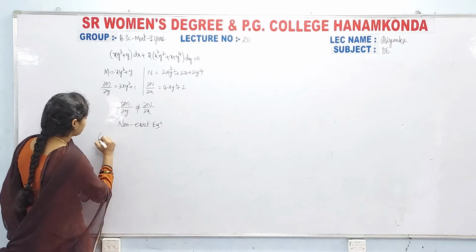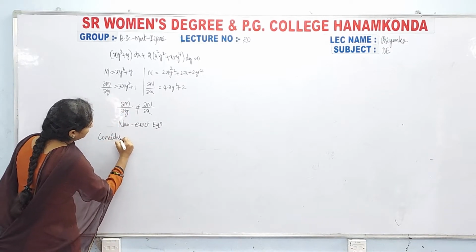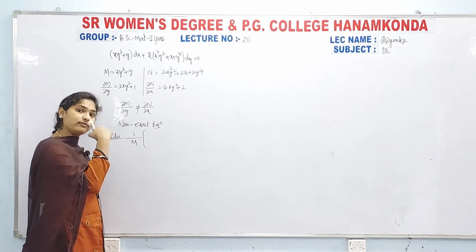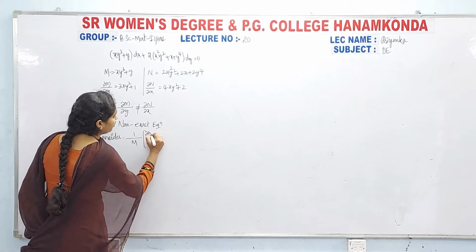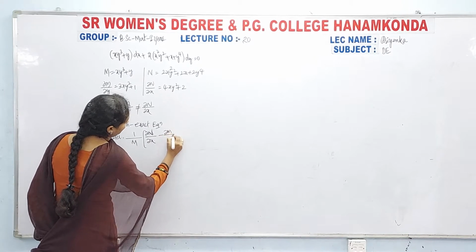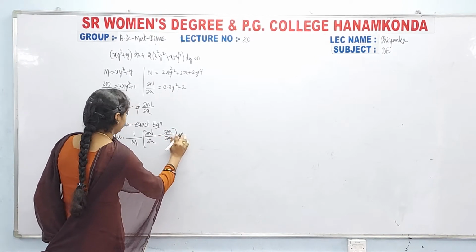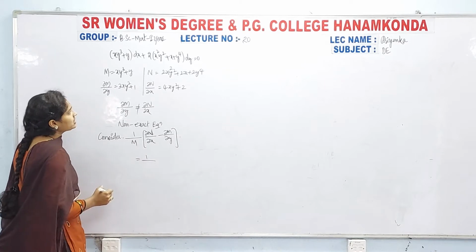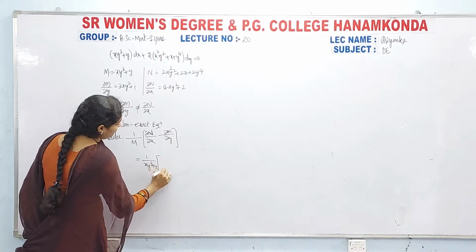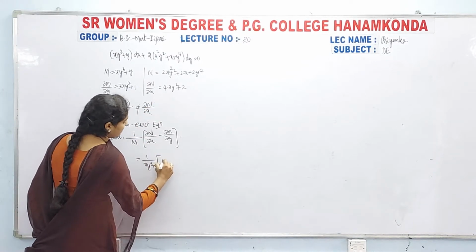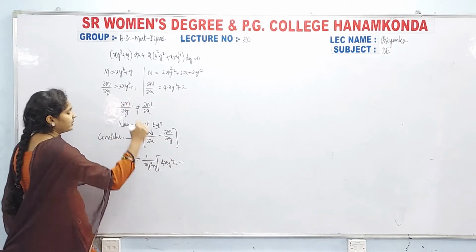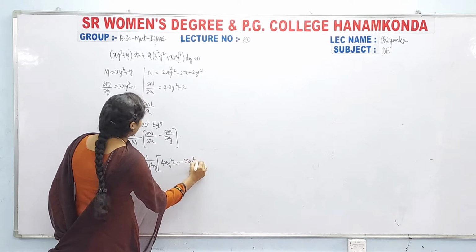Now what do we have to consider? We have to consider the condition 1 by M, and here we have to get it in terms of y. So 1 by M of dou N by dou x minus dou M by dou y. What is the value of M here? 1 by xy cube plus y, times dou N by dou x, which is 4xy square plus 2, minus dou M by dou y, which is 3xy square plus 1.